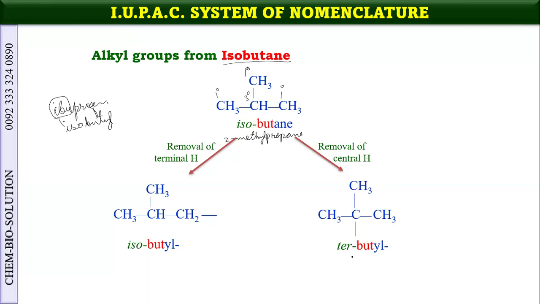Then we will see the terms tertiary butyl group, primary alkyl halide, secondary alkyl halide, tertiary alkyl halide. Then we will see these terminologies again. So that's why I'm teaching this. Some students think that the teacher is teaching beyond the syllabus. Yes, I'm teaching beyond the syllabus, but this is part of your syllabus indirectly, not directly.